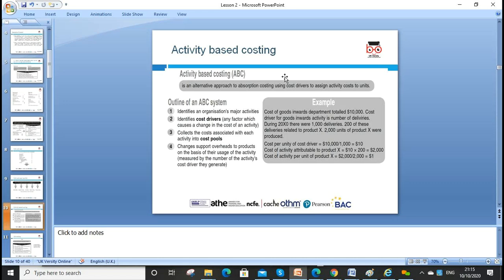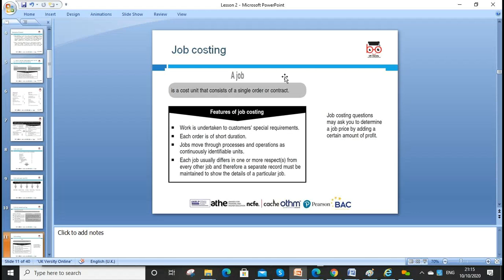So 10,000 divided by 1,000 gives 10 pounds per delivery. If product X has 200 of these deliveries, what will be charged to product X as cost? 10 pounds per delivery, 10 times 200, so 2,000 cost should go toward product X. The cost of activity per unit of X: X produces and sells 2,000 units, so 2,000 divided by 2,000 is 1 pound per unit, the delivery cost to be absorbed into the product if we are not charging it separately to the client.